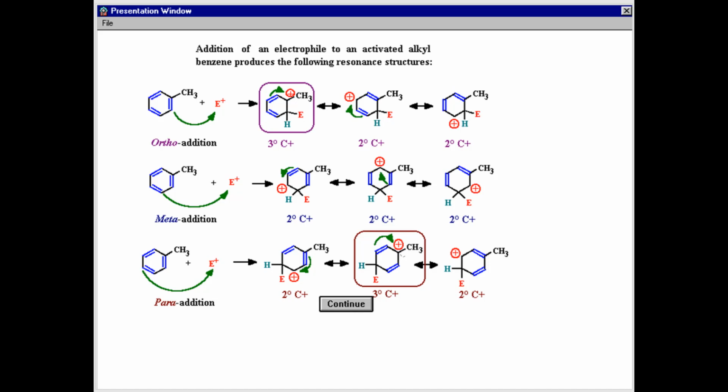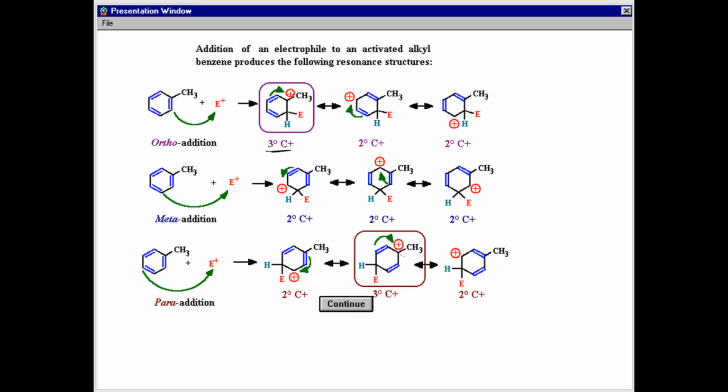The argument there is that when I have the plus charge next to an alkyl group, I now have a tertiary carbocation. So when I add ortho, I get a tertiary and 2 secondary carbocations, whereas if I add the electrophile to the meta position, I just get 3 secondary carbocations, and when I add to the para position, I get 1 tertiary and 2 secondaries.